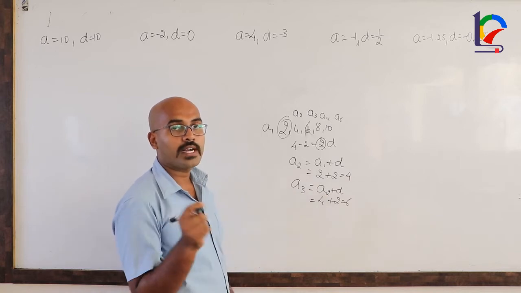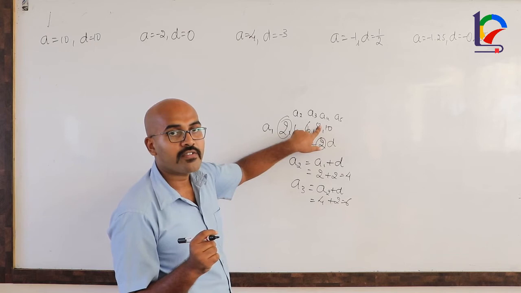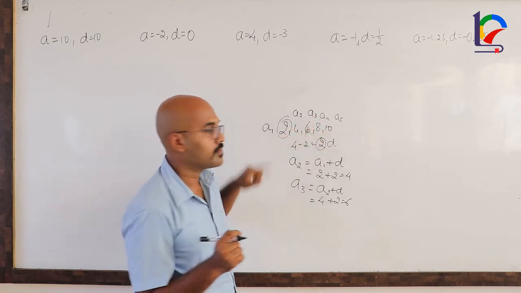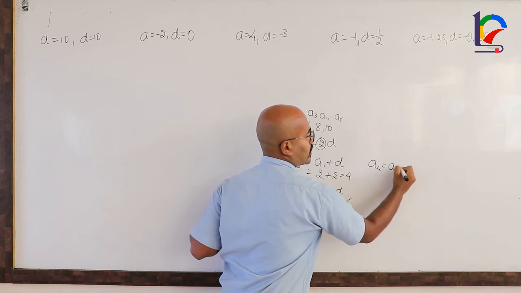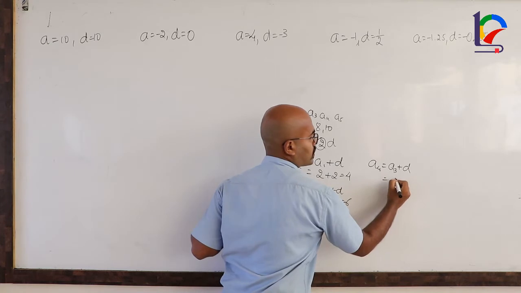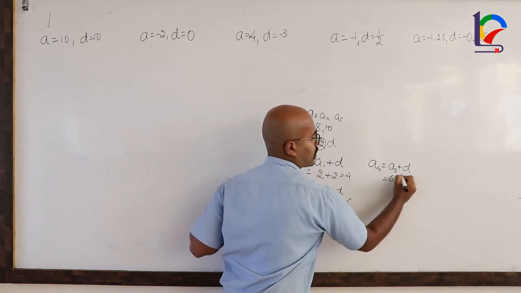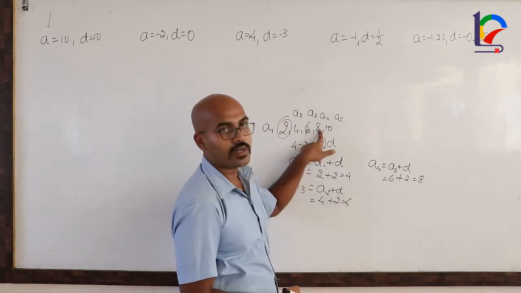Similarly, if you want to find the fourth term, you need to add the common difference to the third term. a3 is 6, common difference is 2, so it is 8, the fourth term.